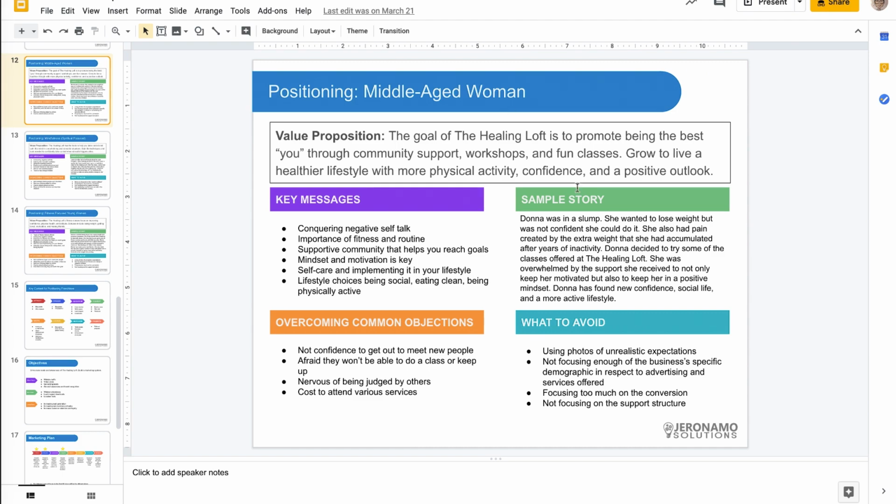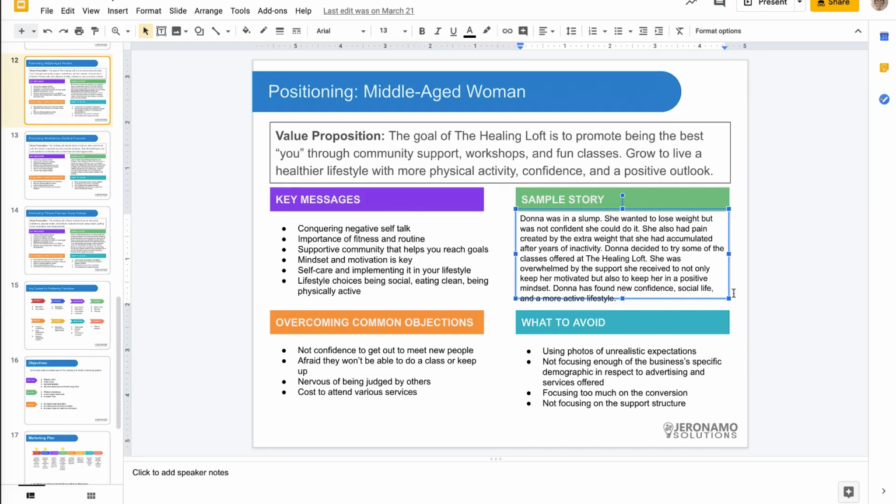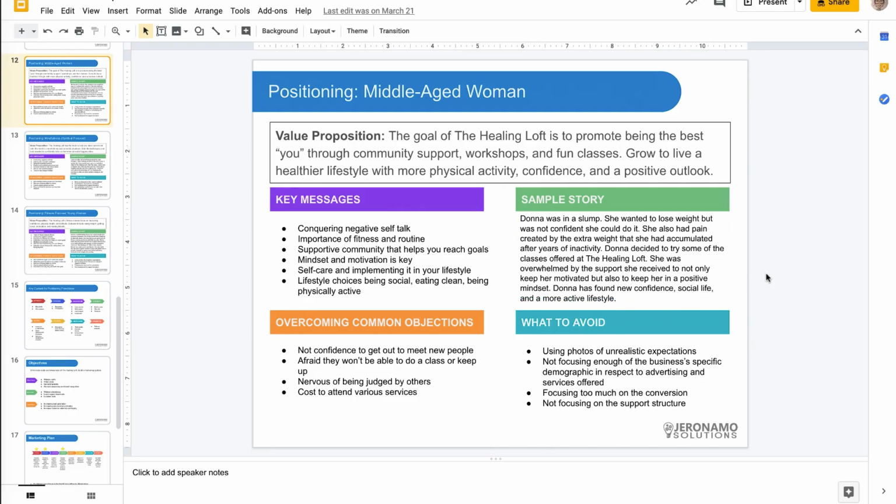The next is a sample story, and we do this because it really helps us map out exactly the mindset of the buyer persona. So in this example, Donna was in a slump. She wanted to lose weight but was not confident she could do it. She also had pain created by the extra weight that she had accumulated after years of inactivity. Donna decided to try some of the classes that were offered at the Healing Loft.